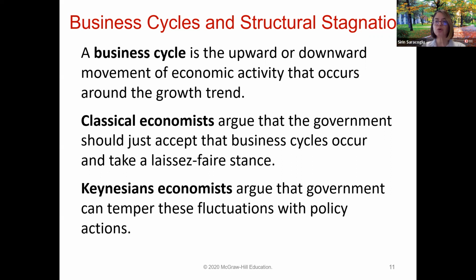Okay, so according to the Keynesians, business cycles are actually a problem. As you will see, the height or the duration of the business cycles is important, and the government can intervene to either shorten the length or shorten the time of the business cycles.